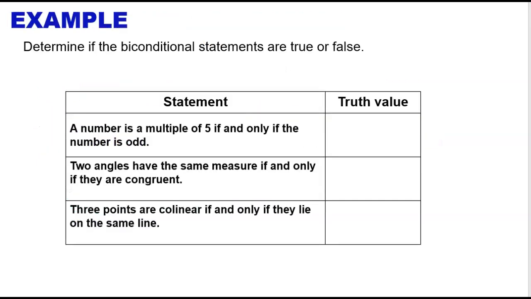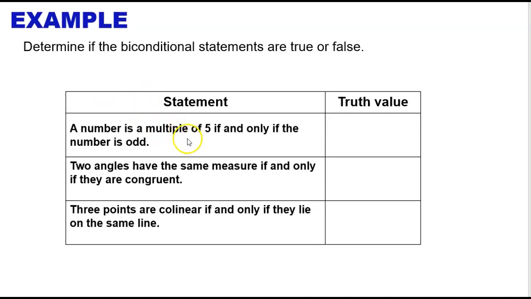Let's look at these examples here. Determine if the biconditional statements are true or false. A number is a multiple of 5 if and only if the number is odd. Okay, so they're saying that any number is a multiple of 5 if the number is odd.